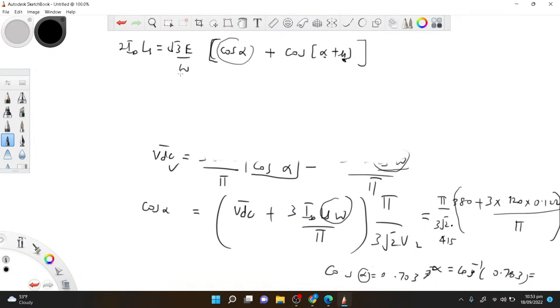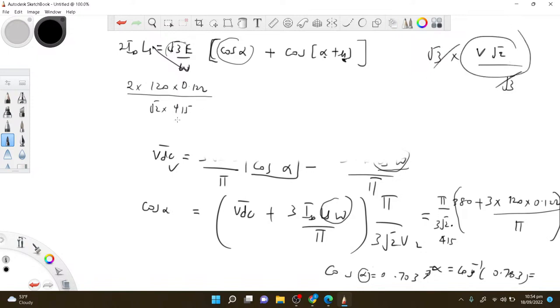So 2 ID, 120, Ls omega, 0.122, over root 3 E. E is the line voltage root 2 times 415, and for three phase we divide by root 3. So I'm left with root 2 V.